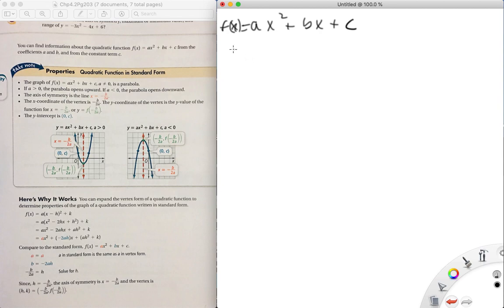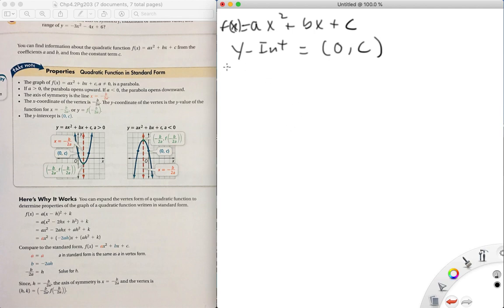The y-intercept is y when x is 0, so it's going to be (0, c). Y-intercept is going to be (0, c).